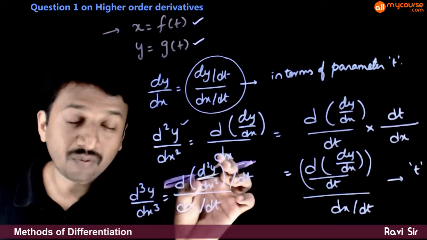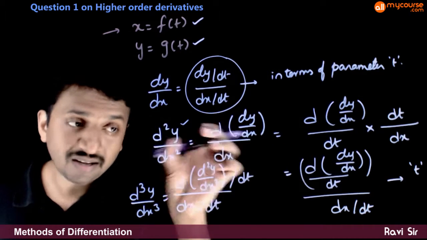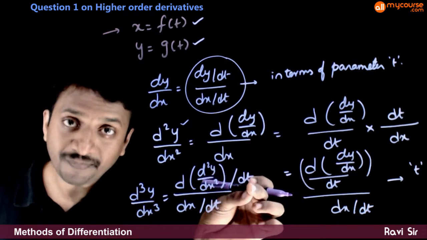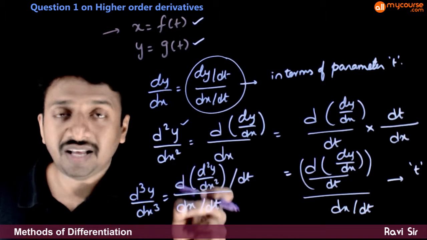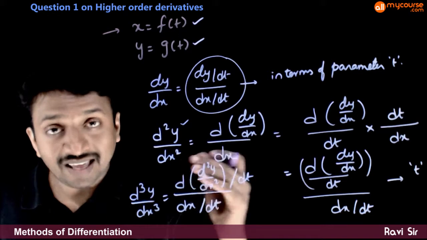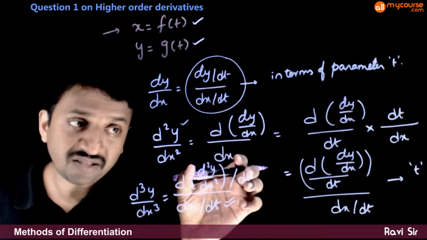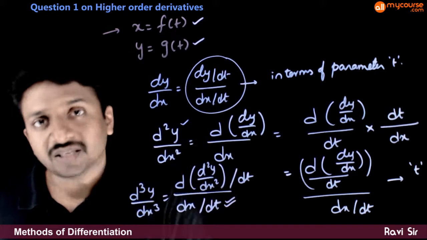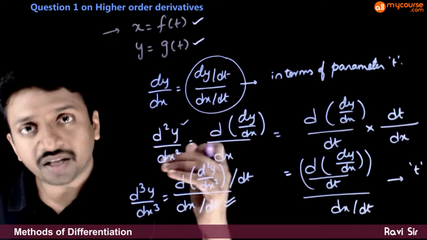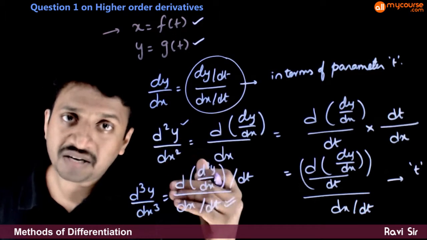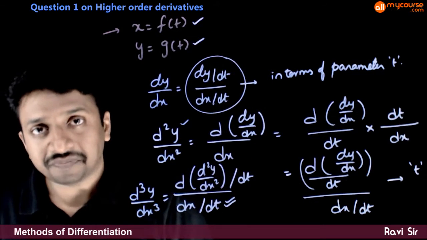So, that means again, whatever d square y by dx square you get, you have to differentiate with respect to t, but you have to divide it with dx by dt again. So, at each step, you have to divide the differentiation with respect to t by dx by dt. So, that's how you continue for higher order derivatives in a parametric function.